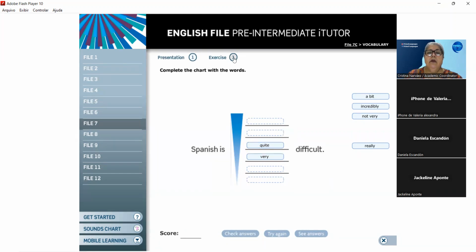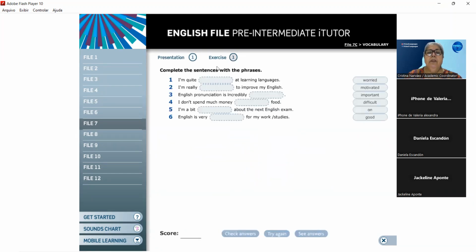Okay. Now, let's see. Here we have some words: worried, motivated, important, difficult, and good. Let's see which one.